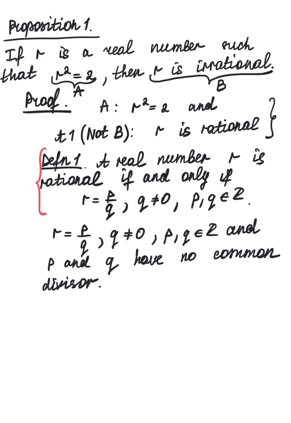What can we do? Let us square both sides of the last equality. So r squared equals p squared over q squared.